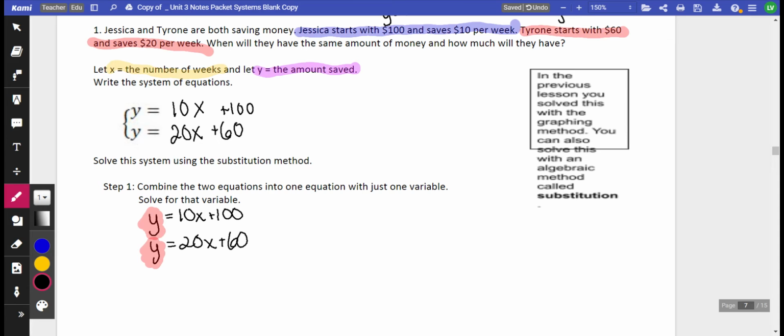So what we're going to do is we're going to take the y from our first equation. The y from our first equation is this 10x plus 100. And we're going to substitute it in for the y in our second equation. When we do that, this becomes 10x plus 100 equals 20x plus 60.